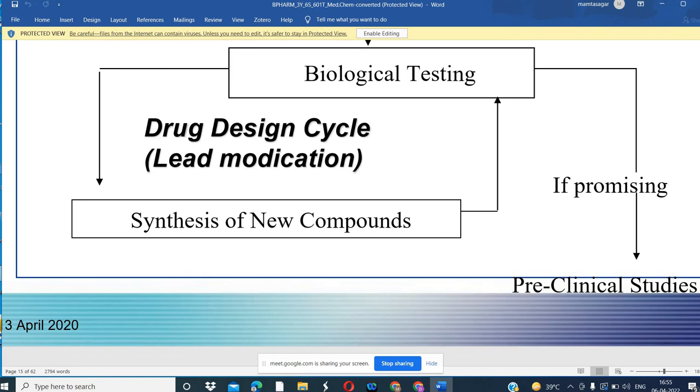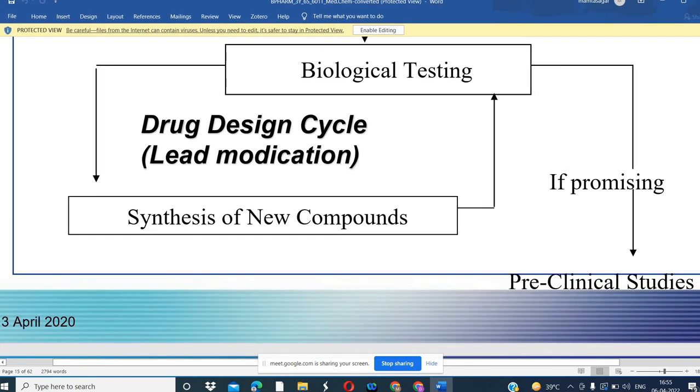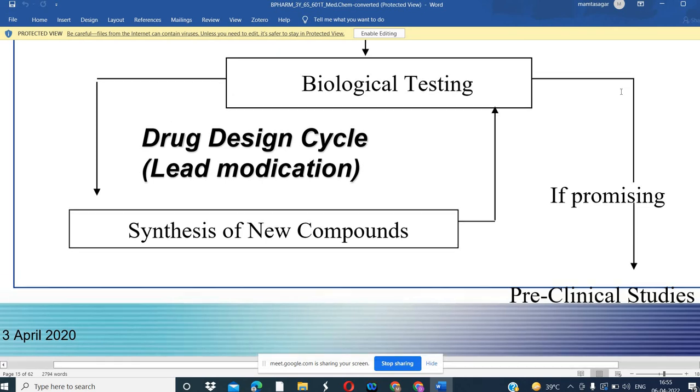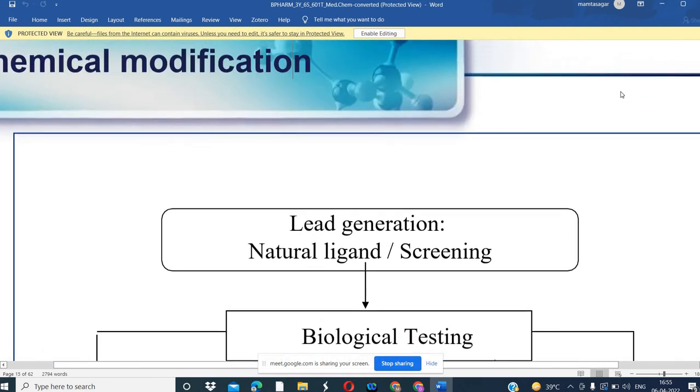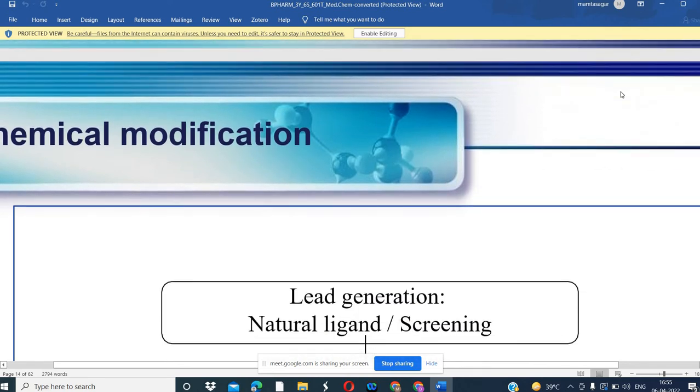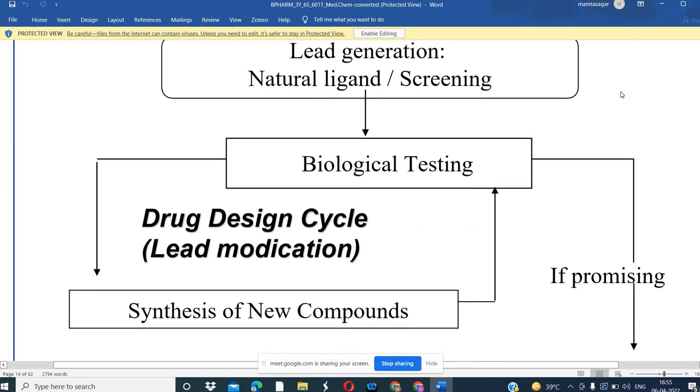Okay, do you have any question related to this chemical modification? Just ask, because I want to keep it on the chemical modification only. Do you have any question related to this?